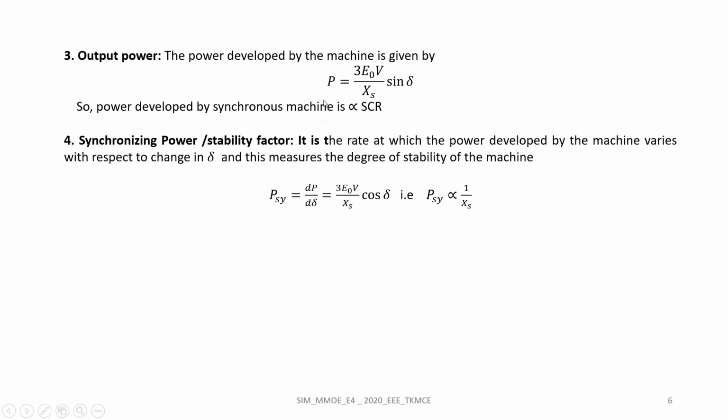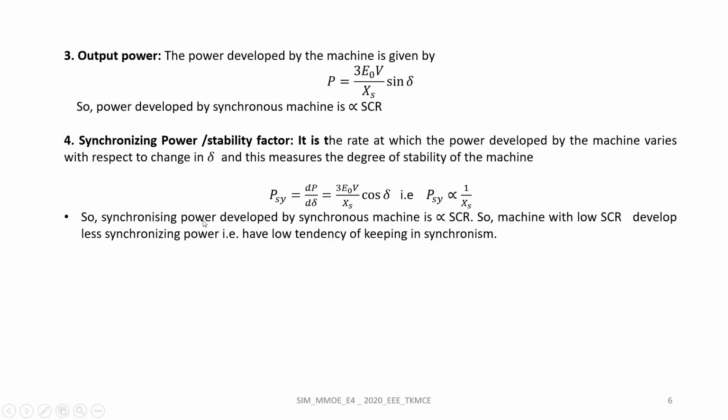So Psy is equal to dP by d delta, which is equal to 3 E0 V by Xs into cos delta. So from here it is clear that synchronizing power is directly proportional to 1 by Xs, or Psy is directly proportional to SCR. So synchronizing power developed by a synchronous machine is directly proportional to short circuit ratio.